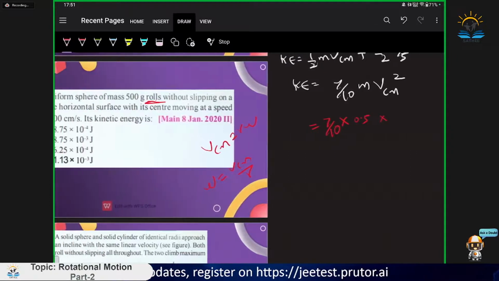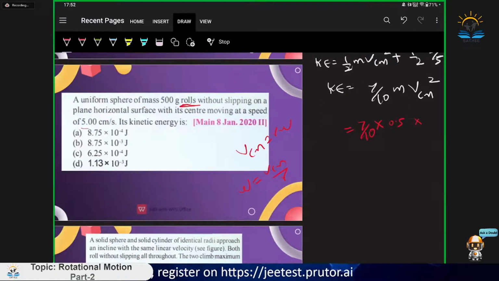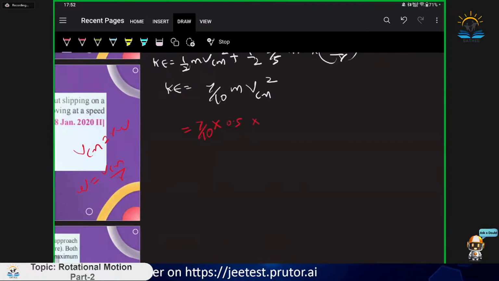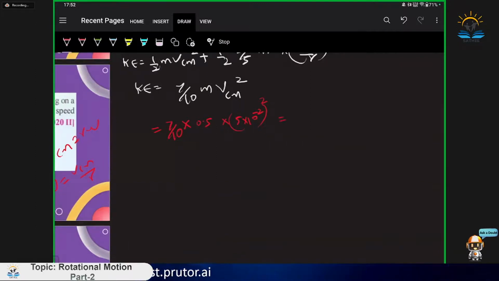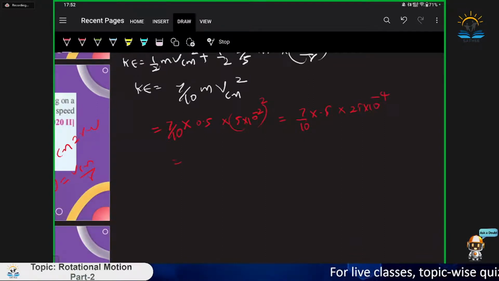VCM is given as 5 centimeter per second, that means 5 into 10 raised to minus 2, squared. So it will be 7/10 into 0.5 into 25 into 10 raised to minus 4. This turns out to be how much? 25, 7. Wait.